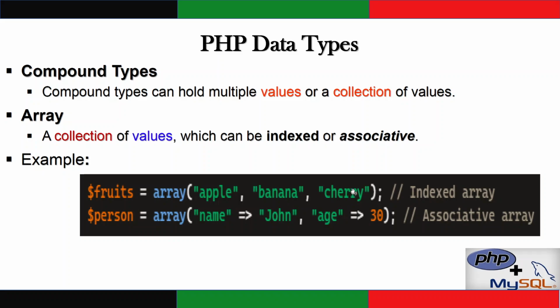If we change the position to say 2, it's going to return for us cherry. If we change the position to 1, it's going to return for us a banana. That is how we access items in an array. We're going to look at that in detail later when we discuss arrays.